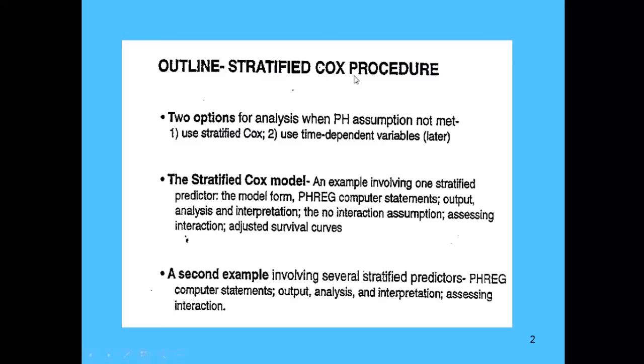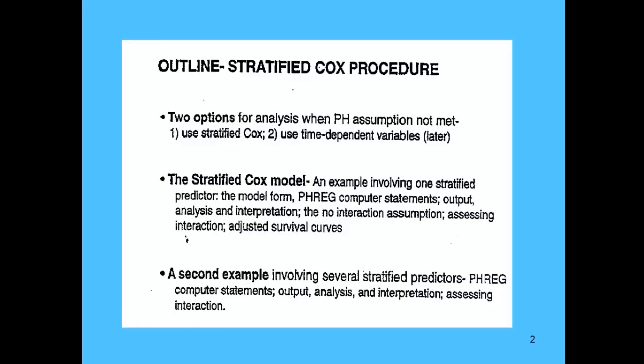In any case, we're now going to proceed as if we've made a decision that some variables belong in the model, and at least one variable, or it could be more than one, can't be put in the Cox proportional hazards model because it doesn't satisfy the assumption. So what do you do? How do you deal with that?